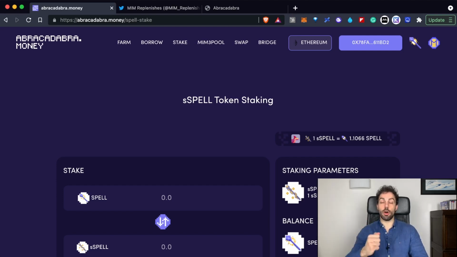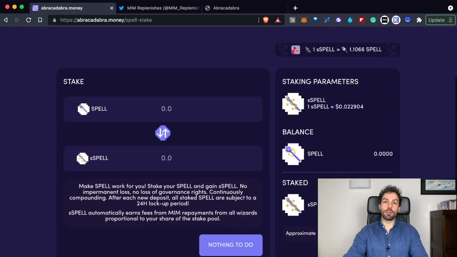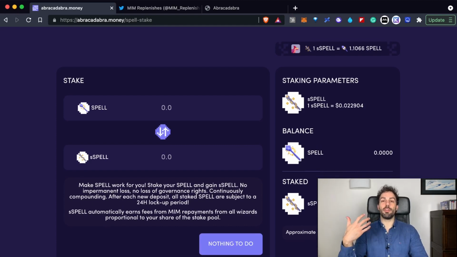Spell is the token of Abracadabra Money, and staking it lets you participate in the revenue and profit sharing. It means that the platform is collecting many fees through partnerships and many different systems, and these fees will be redistributed to the people who are staking the Spell tokens through this feature.